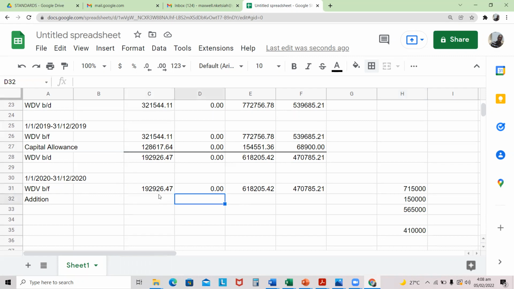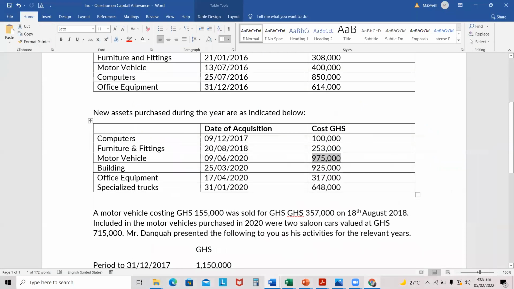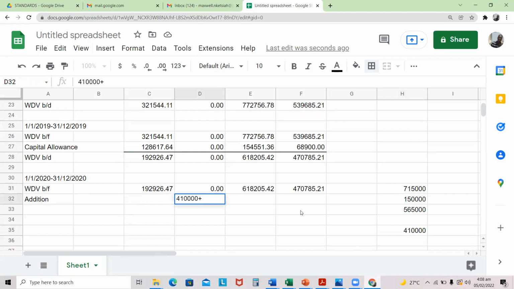Okay, so that's class 2. Then there was an addition of specialized trucks of 648,000. So we have 648,000 like this.